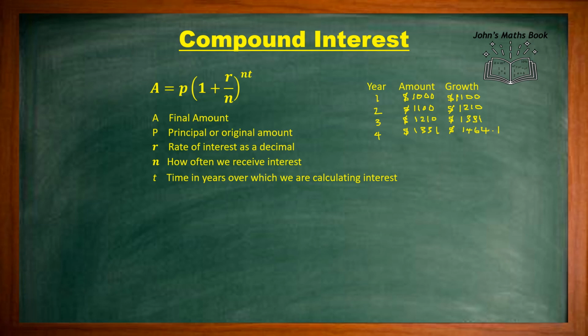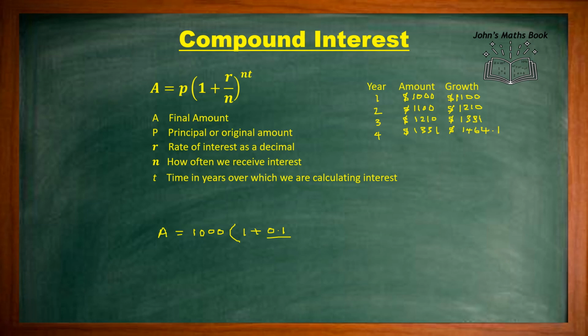So we have A, which is what we're trying to work out, is equal to P, the principal. We start with $1,000, so P is 1,000, multiplied by 1 plus, now the rate of interest was 10%, so 10% as a decimal is 0.1, divided by N. How often did we receive interest?